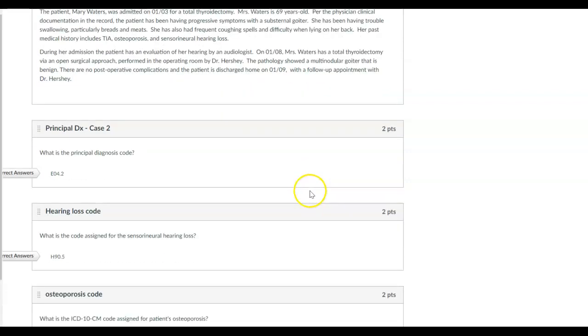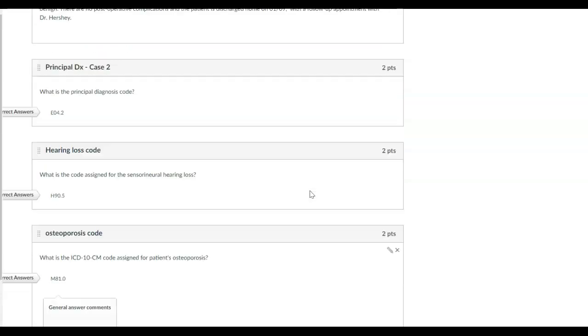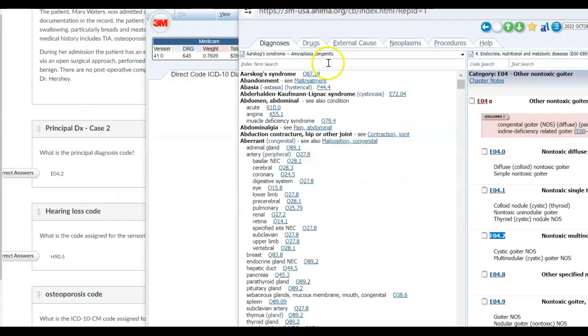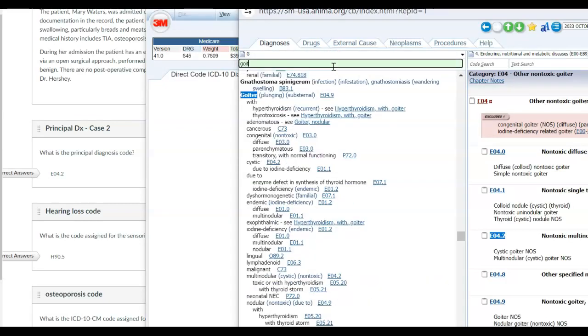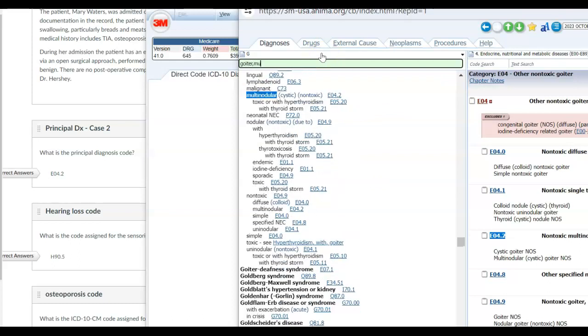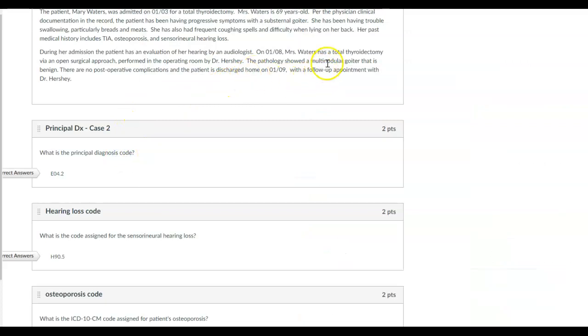So let's go ahead and get this coded out. So the first thing that we know, it's going to be the goiter, correct? Okay, so with the goiter, let's go ahead and put that in. And we know that it is the multinodular. Let's go ahead and look at here what kind it is.